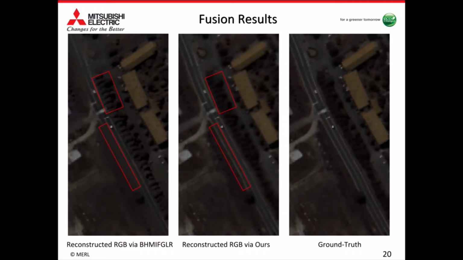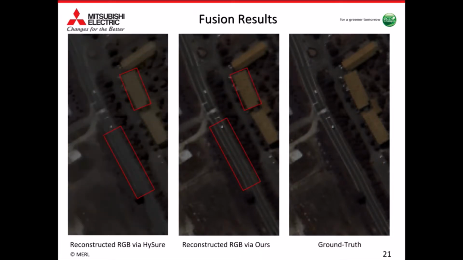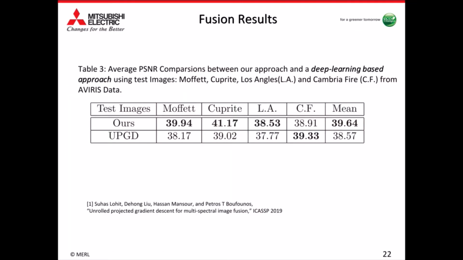Compared with HiSHOR, we have much higher sharpness of lines and more details from the roof of the yellow building. We also compare our algorithm with a deep learning-based approach published by MERL in last year's ICASSP called Unrolled Projected Gradient Descent.